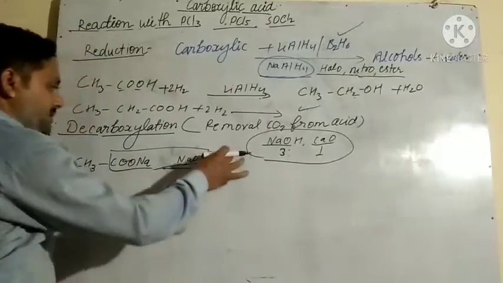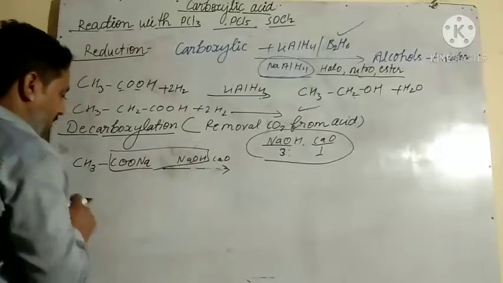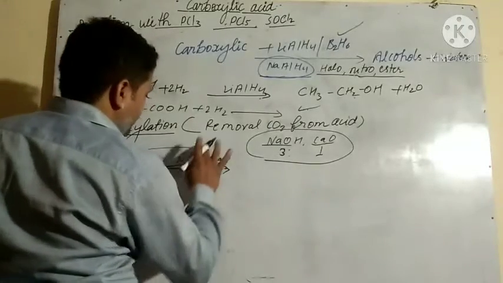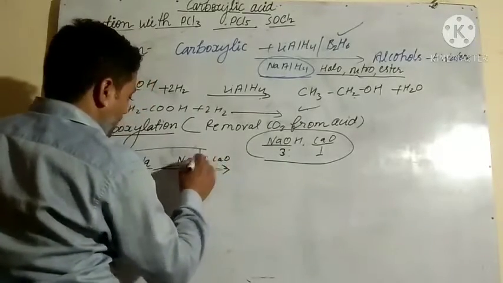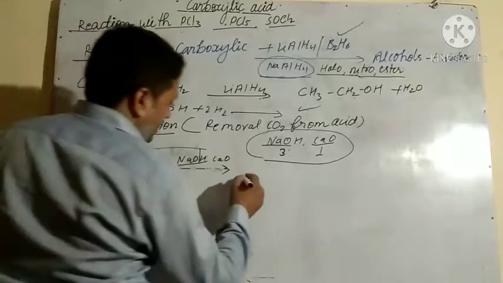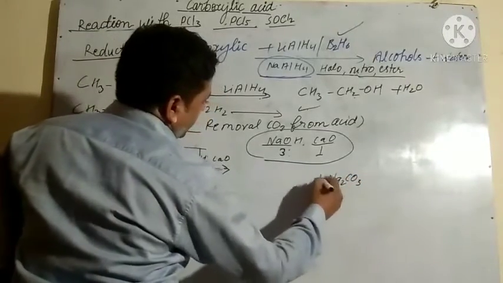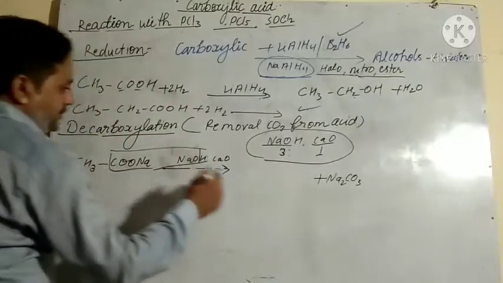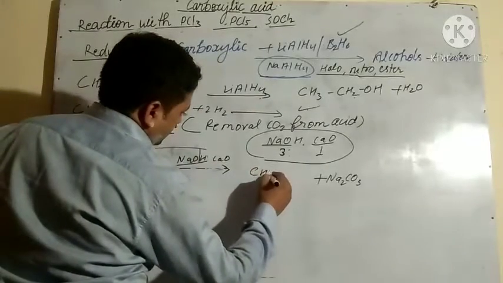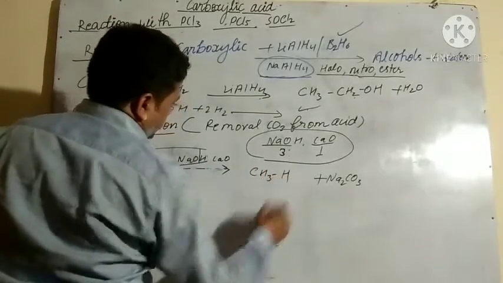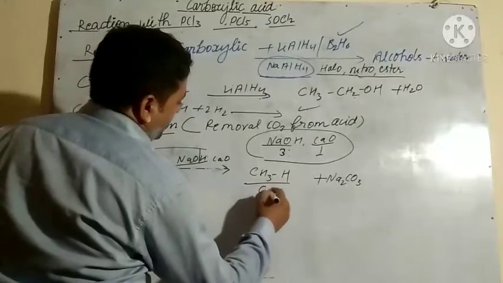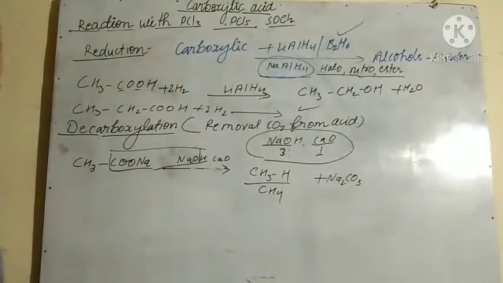In this reaction CaO is not involved, but it is in that ratio. It forms Na2CO3 and CH4. So like this we can write.